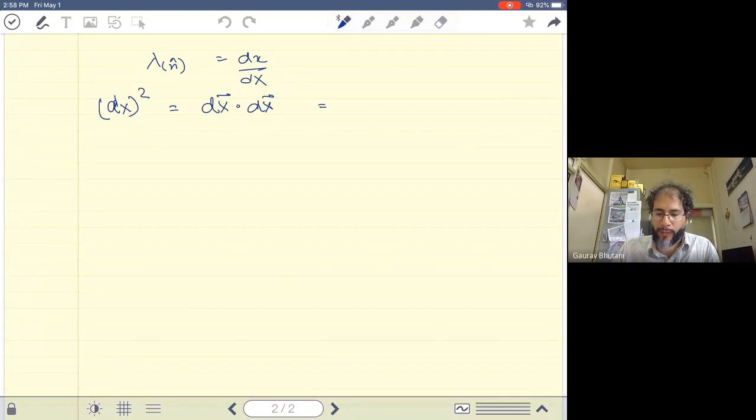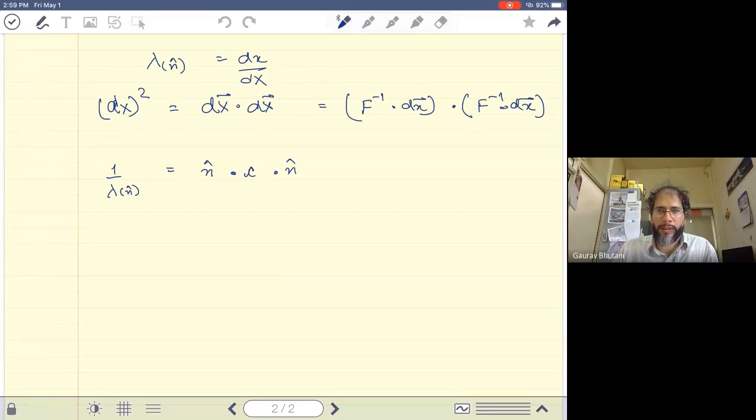So this d capital X vector, if you remember, is written as F inverse dot d small x, and this again is dotted with F inverse dot d small x. So it's again the spatial notation. And finally, when we simplify this, what we get is 1 divided by lambda squared is equal to small n dot small c dot small n. So small c again is a counterpart of the Green's deformation tensor.